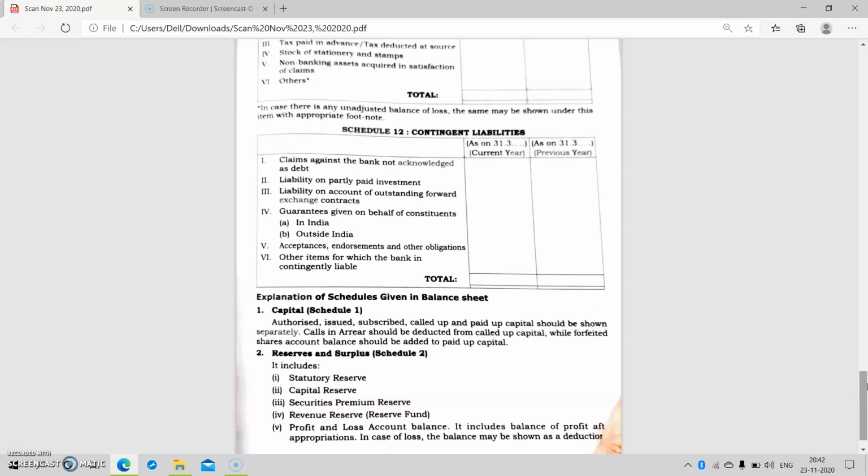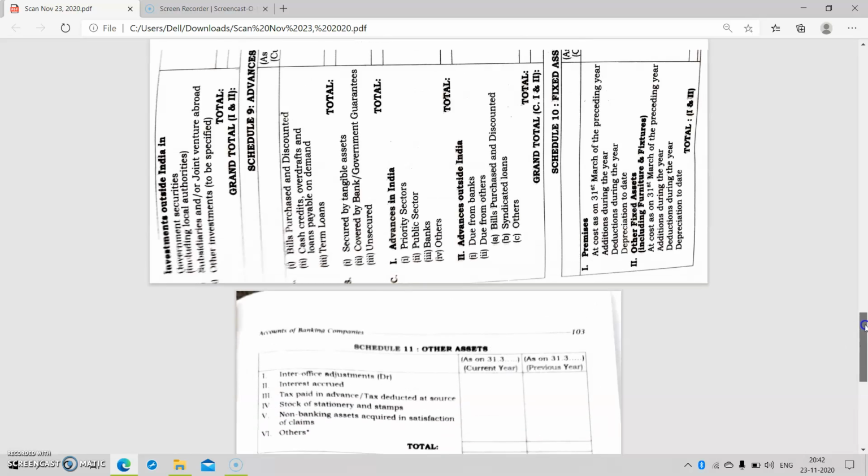Acceptances, endorsement and other obligations. That is, as a banker in international trade, the banker will have to give guarantees, acceptances, endorsements to the customers. So such things can be grouped under contingent liabilities. And other items for which the bank is contingently liable. So these are the items in the balance sheet.